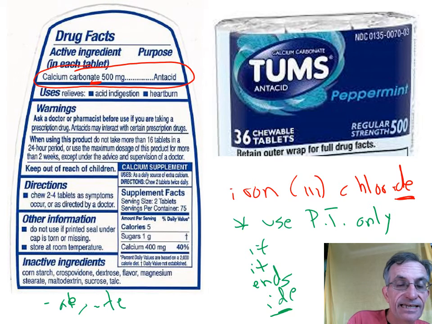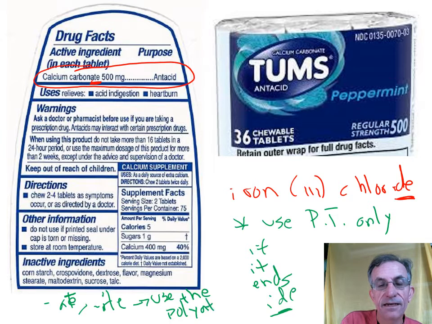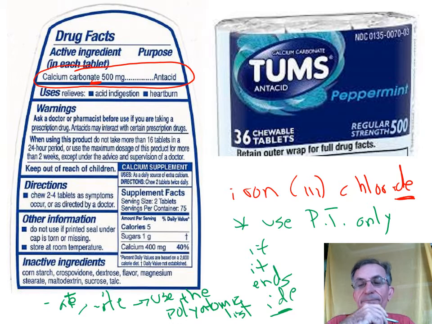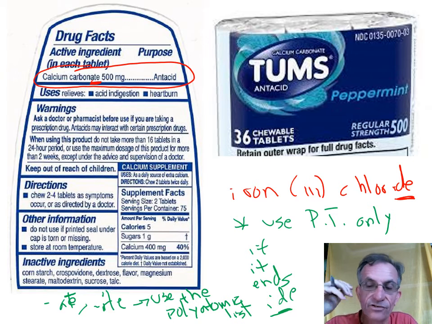If you have a name that ends in ATE or ITE, you're going to have to use the polyatomic list. So what do I mean by the polyatomic list, and where would I find it? Okay, if you haven't already, there's a handout that you should download. It's called the polyatomic ions. We're going to be using that for this lecture, okay?